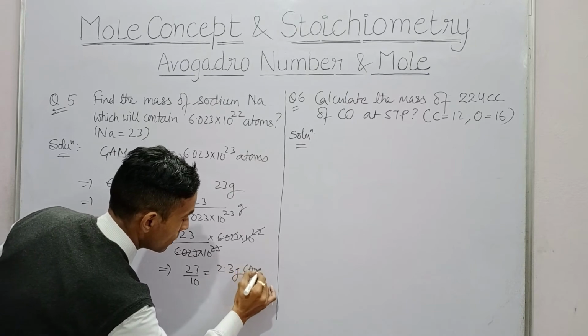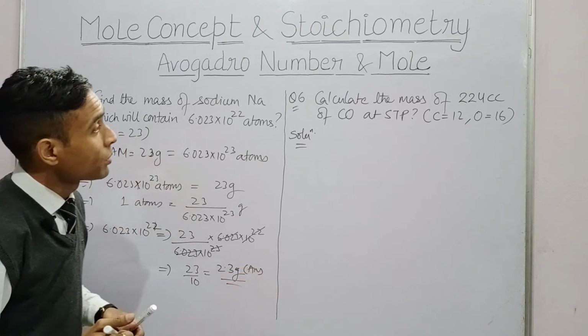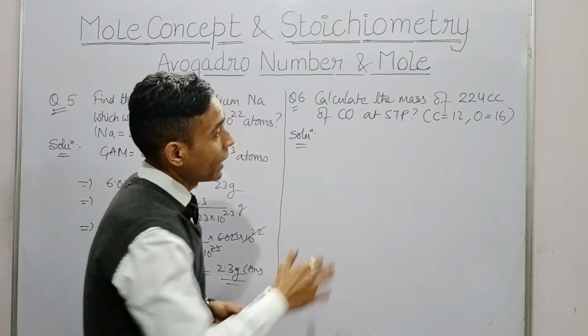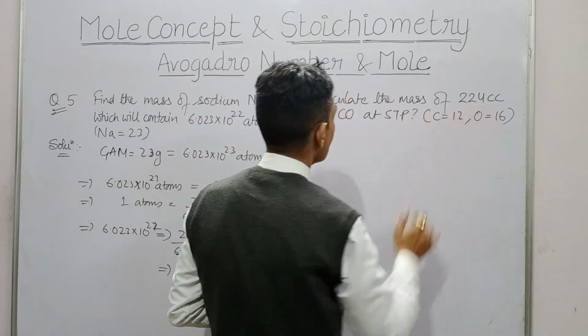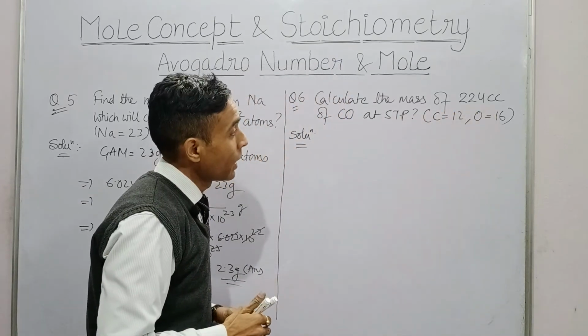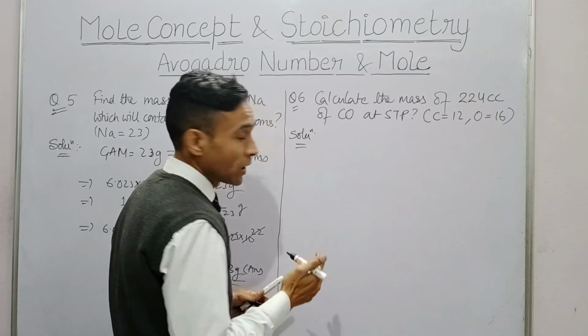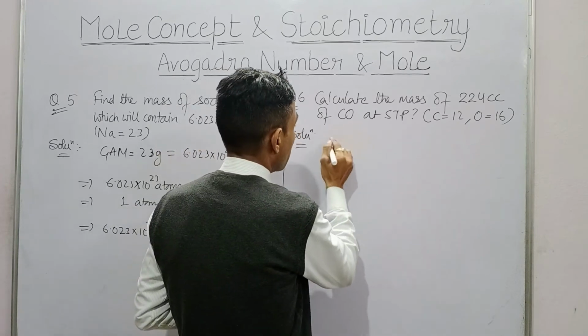This is our answer. In the numerical number 6, we have to calculate the mass of 224 cc of carbon monoxide at STP. So let's find out the gram molecular mass of carbon monoxide.